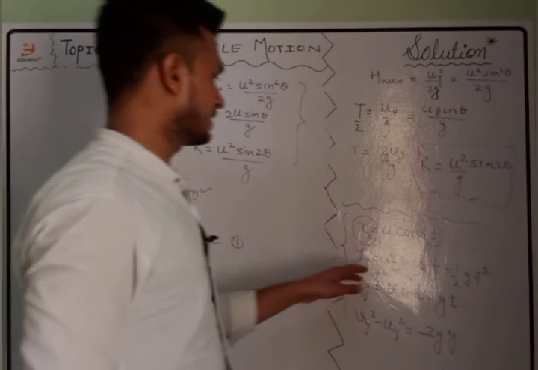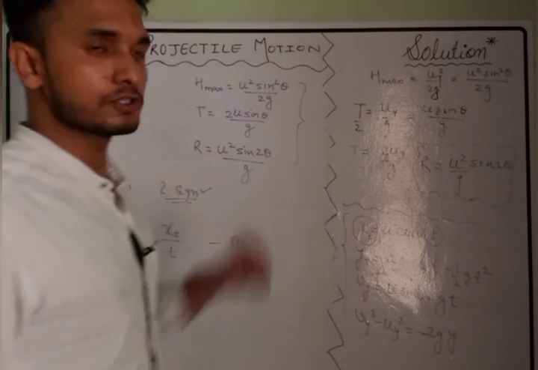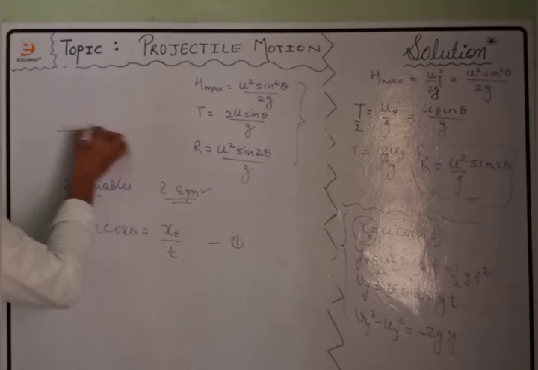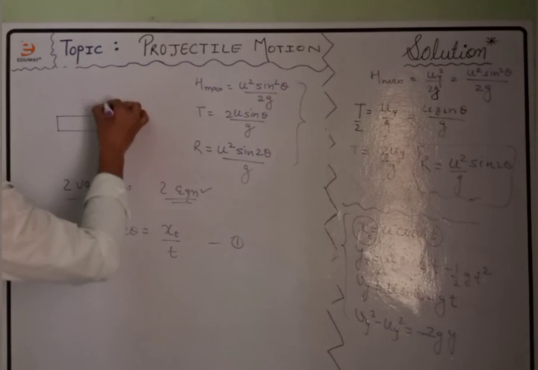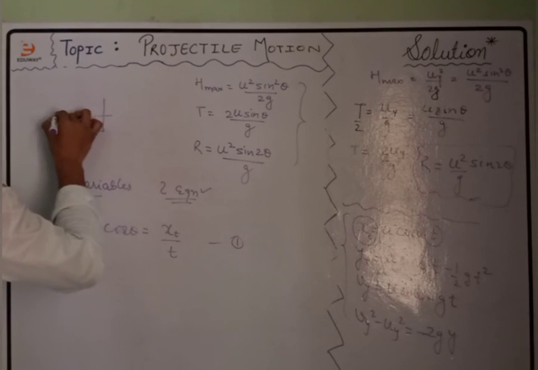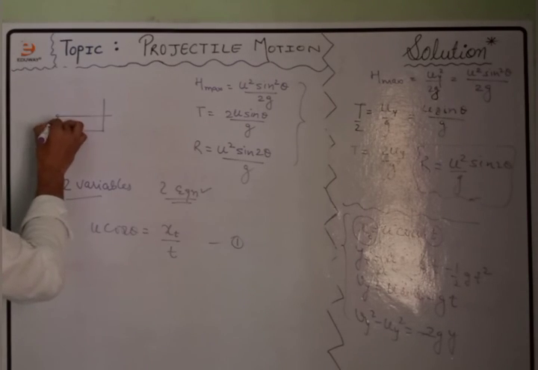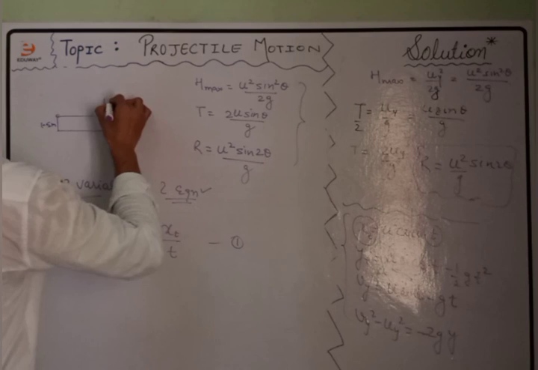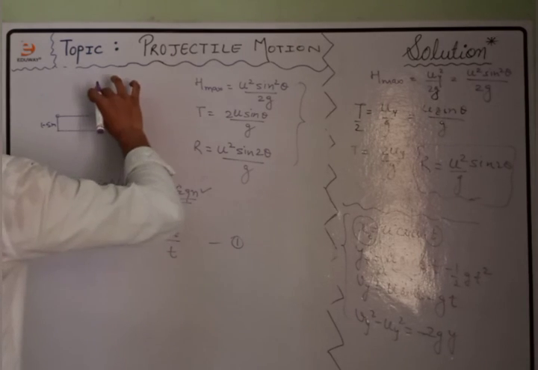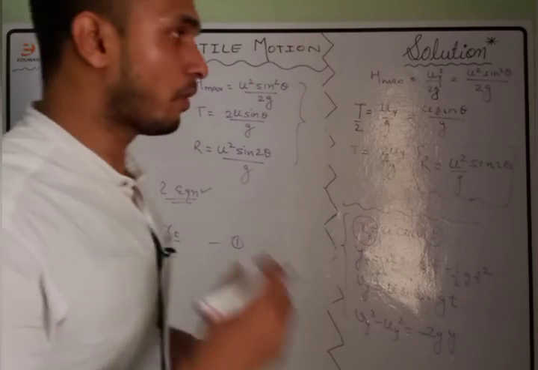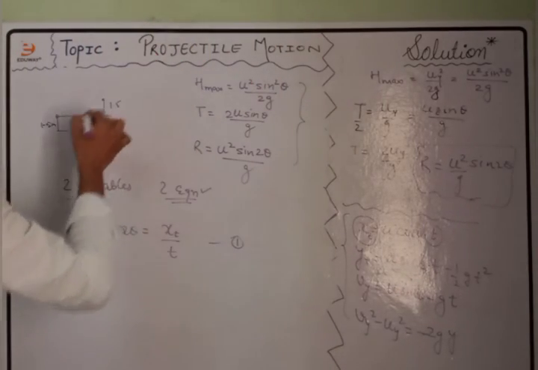Another equation is that the y component is also given. The displacement in y direction is 1.5 meter, not 3 meter. Why? Because the person herself is throwing the ball from the height of 1.5 meter. So in this case, the only distance the ball needs to cover vertically is 1.5 meter.